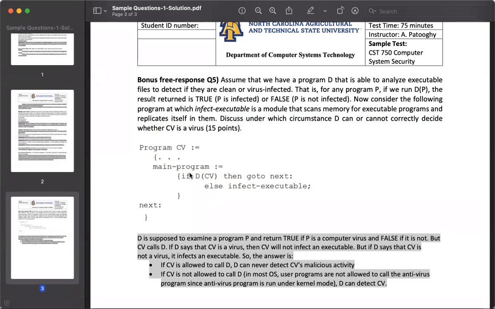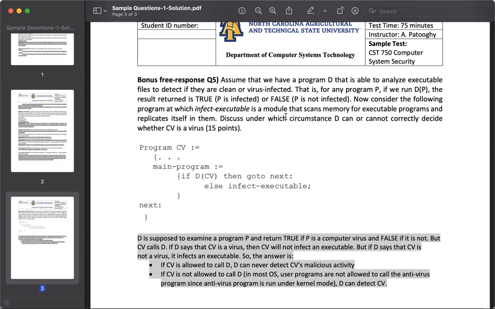Look, the main thing that should give you the clue is this: the program CV is calling D. D is basically our antivirus or something similar, and these types of programs are executed in kernel mode, in a higher level mode.